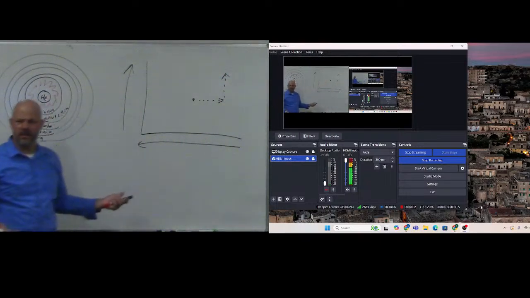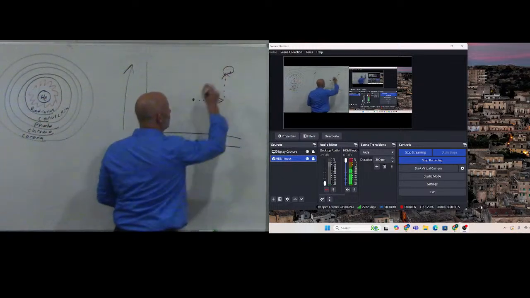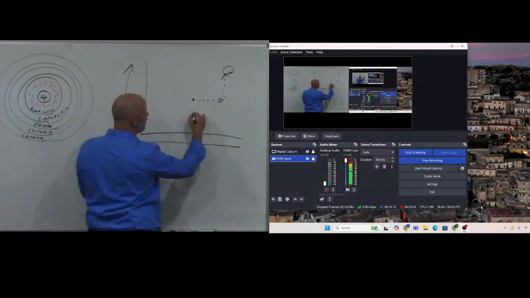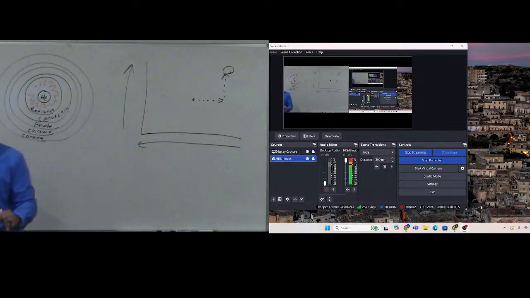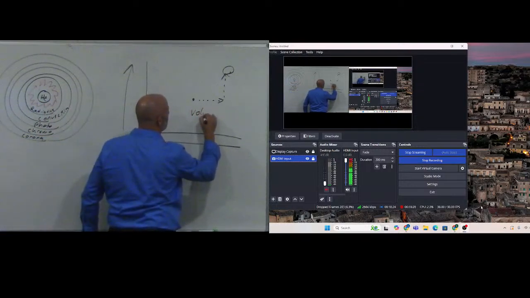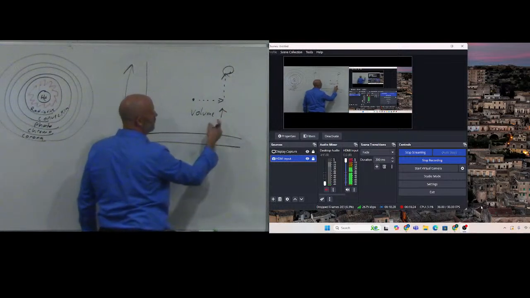Where do I find my red giants? Up here. Make sense? So it's bigger. Now, I say bigger, I don't mean more mass. I mean more volume. So my volume goes up.